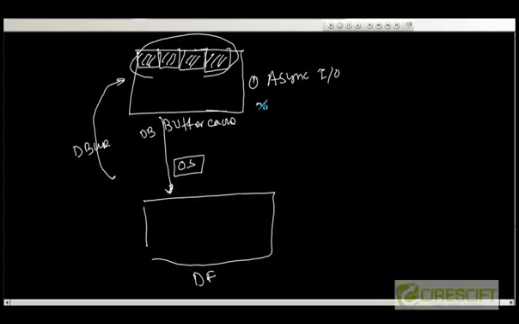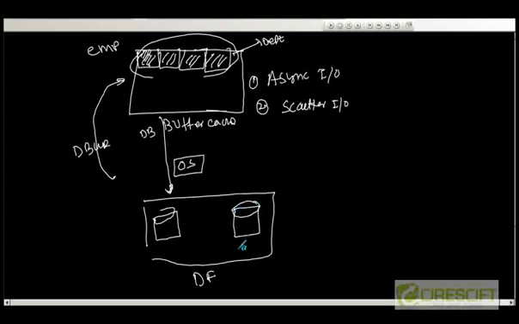The number two characteristic is called scattered IO. As I told you, maybe this buffer changed for the employee table, and this buffer changed for the department table. Maybe the employee table is in one disk in a data file, and the department table resides in another disk in another data file.